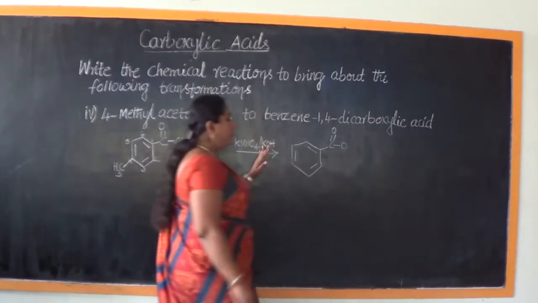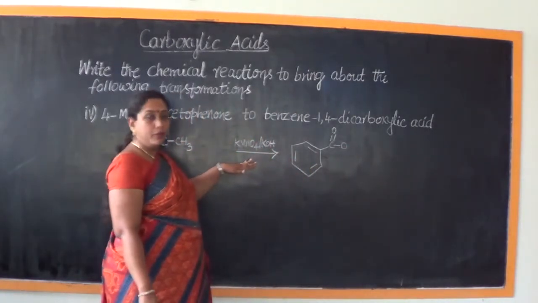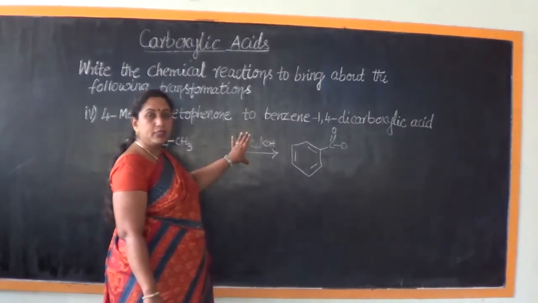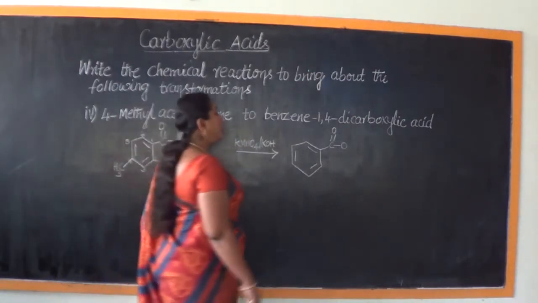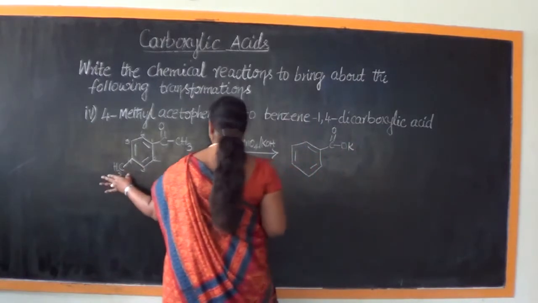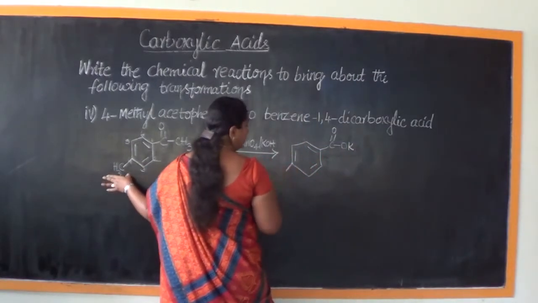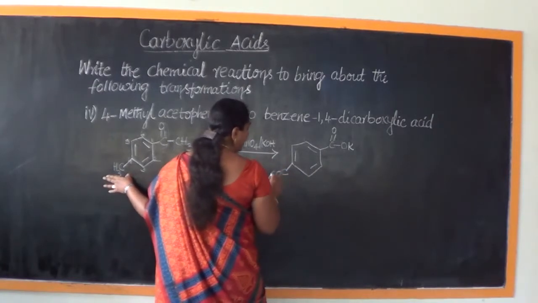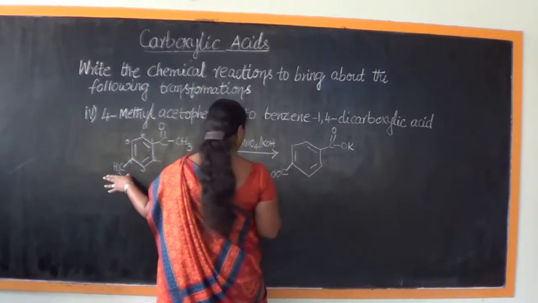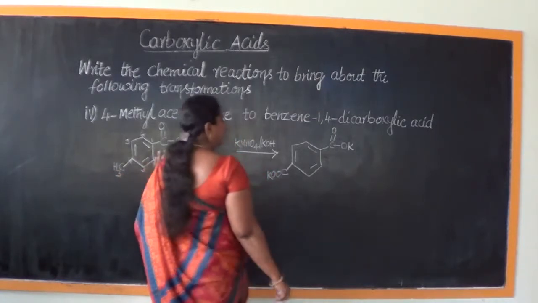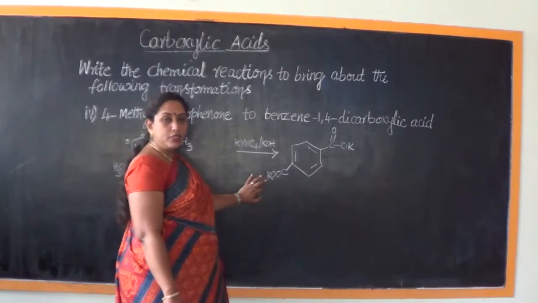This O is coming from the oxidation process, that is, the nascent oxygen released from this particular oxidizing agent, namely alkaline potassium permanganate, and then the potassium salt will be there. Similarly, the same thing happens here also. At the 4th carbon atom there is C, then the hydrogens will all be removed, therefore oxidation is the process, and it will also get converted into the potassium salt.